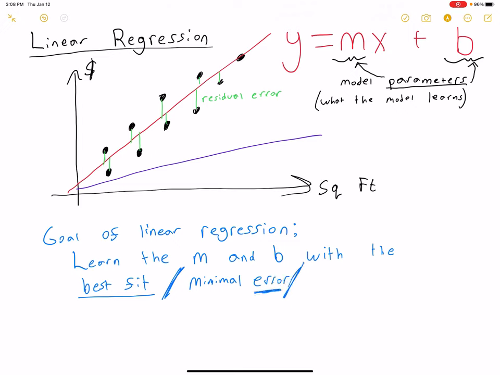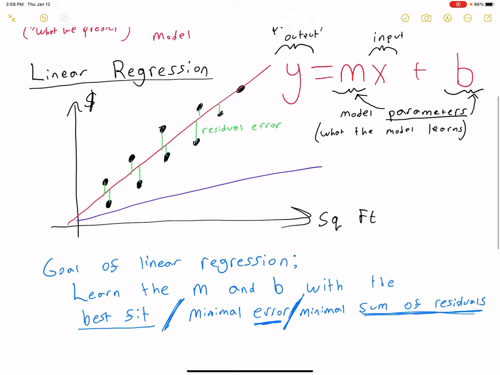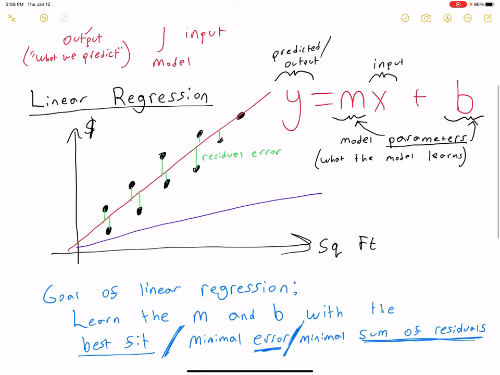So error is another term for, in this case, residual error, or minimal sum of residuals. So this is all the same thing, just different ways of saying the same thing. So the line of best fit has the minimal sum of residuals. And we can write that as an equation.